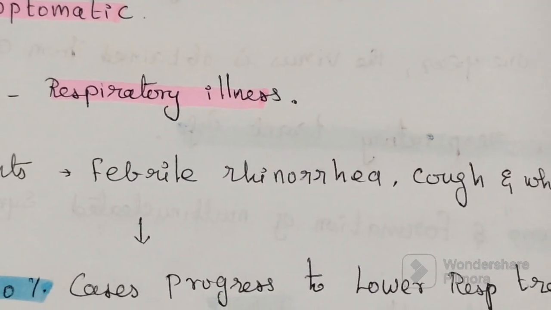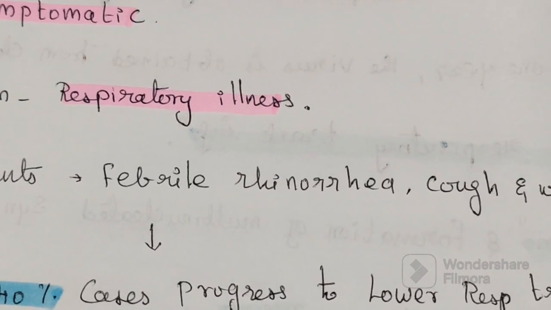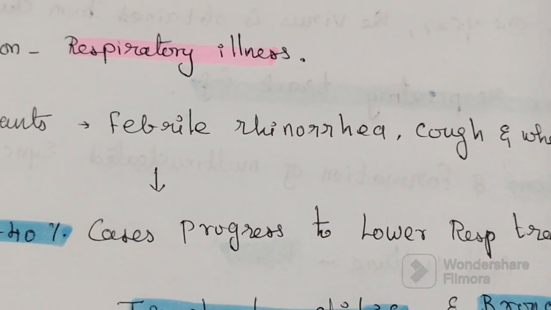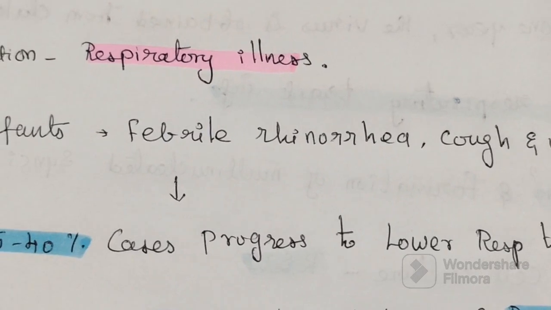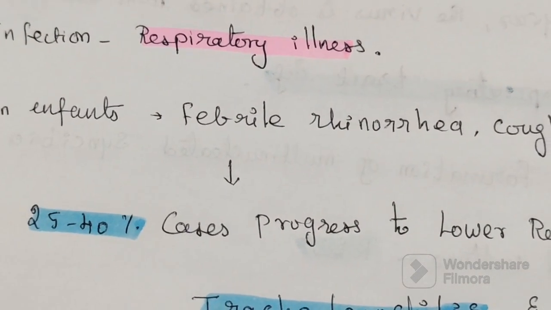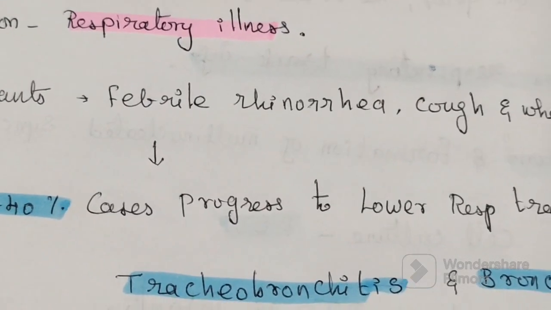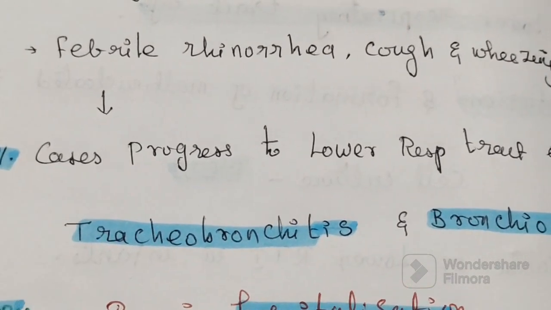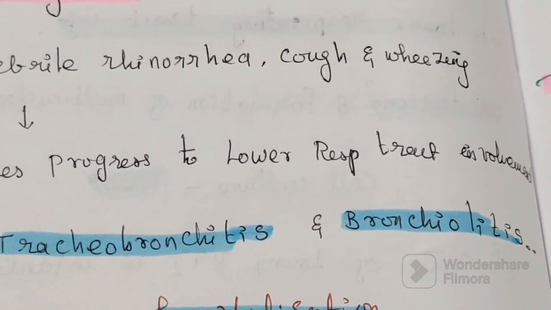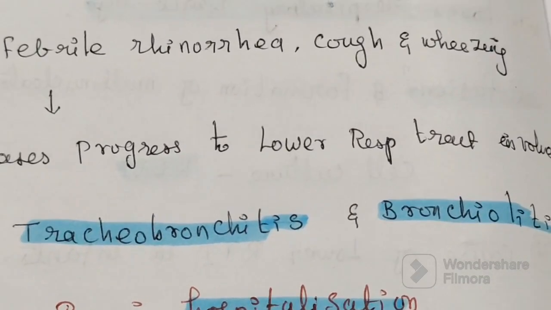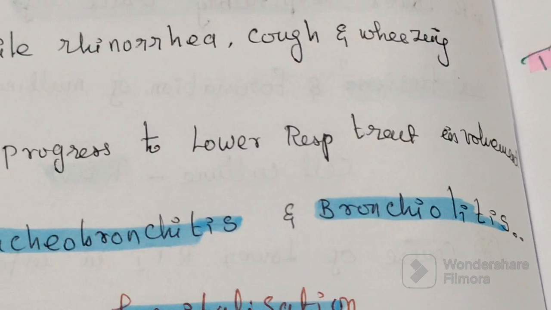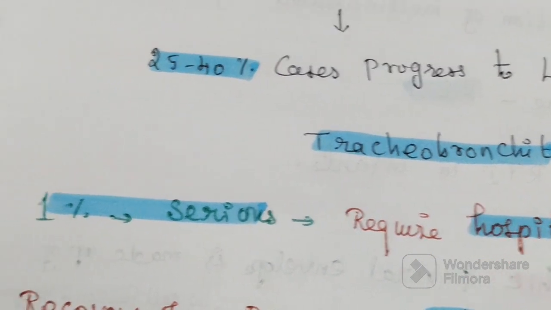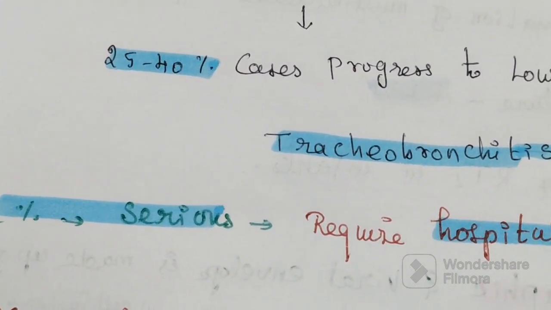In 25 to 40% of cases, the disease progresses to lower respiratory tract involvement like tracheobronchitis and bronchiolitis. About 1% of infections become serious.